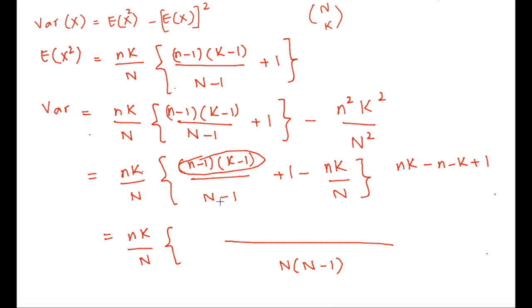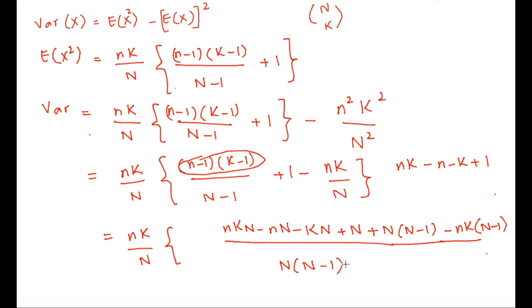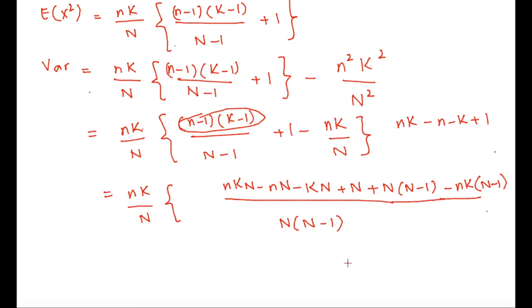So I multiply everything by n here: nk times n, minus n times n minus k times n plus n, then plus n times n minus 1, minus n times k times n minus 1. Correct?